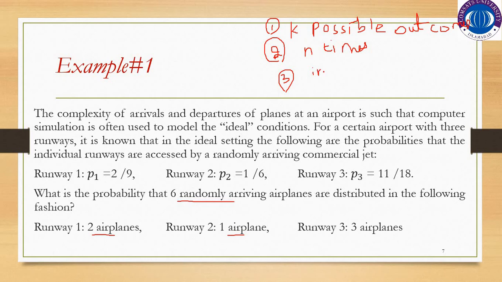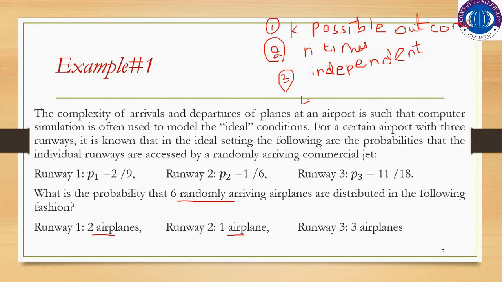Arriving of the airplane is the trial, as we are saying that n is equal to 6. There are 6 airplanes, so each plane is a trial. Arrival of each airplane is the trial, and each airplane is independent from the other airplane. So the third property is also fulfilled here.